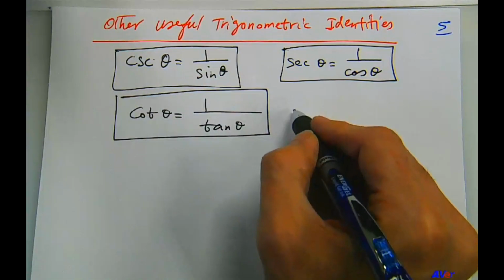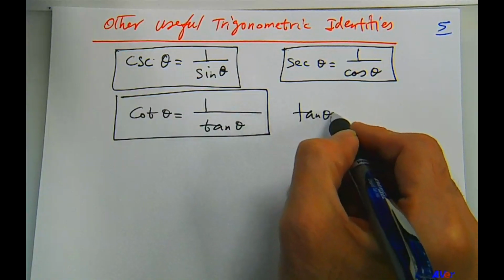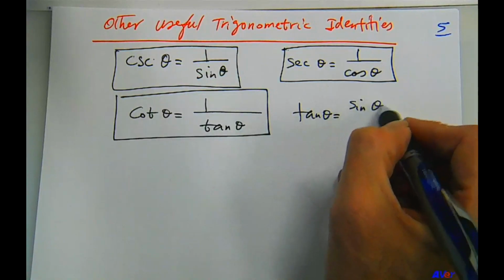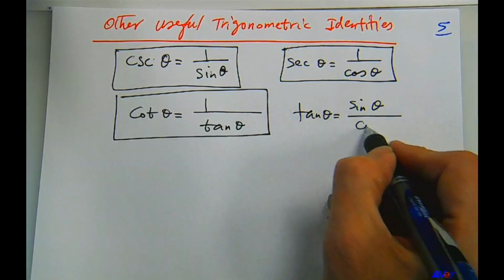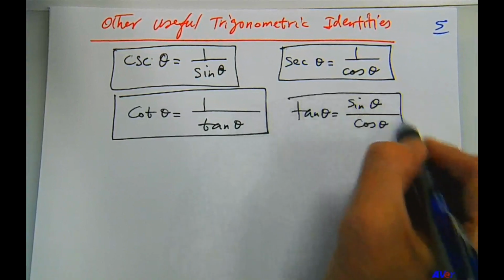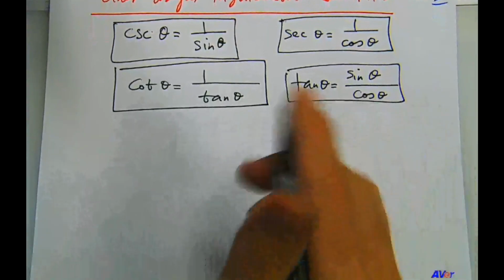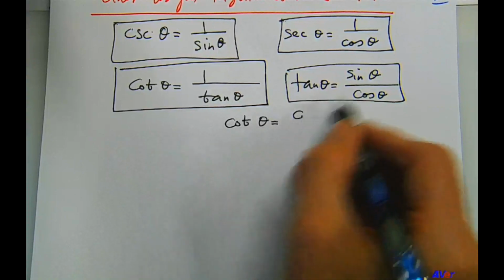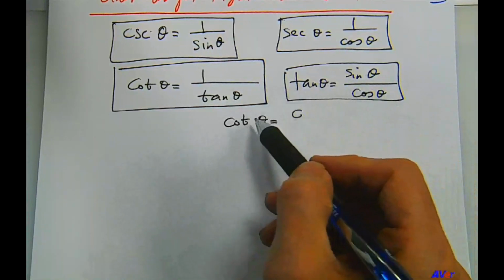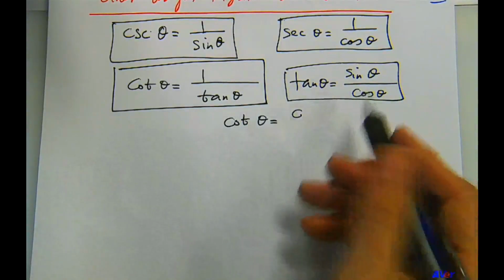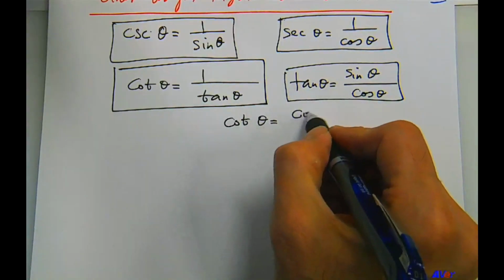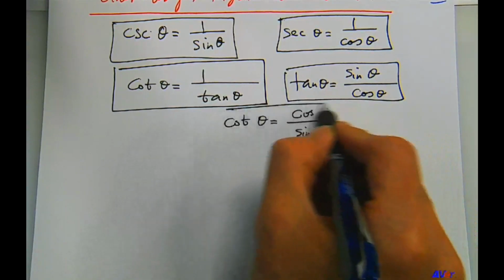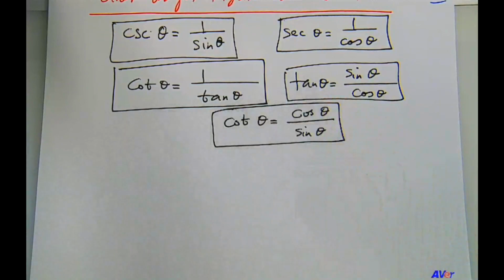And we know that tangent of theta is equal to sine of theta divided by cosine of theta. And of course, the cotangent of theta is the flip of that, right? Tangent and cotangent are reciprocals of each other. So it'll be cosine of theta divided by sine of theta, like that.